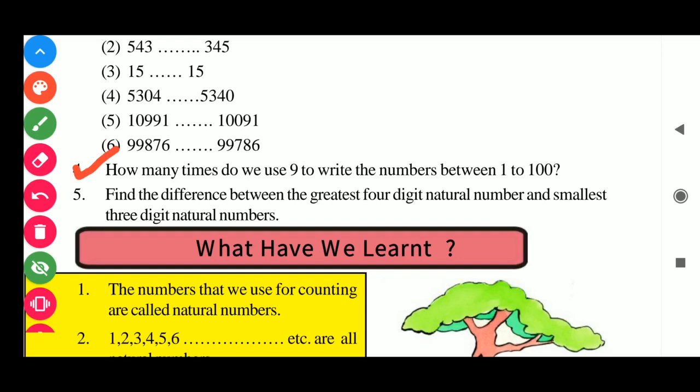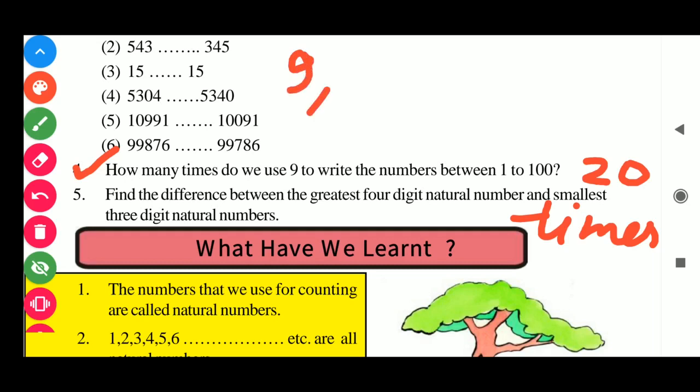It is 20 times. The answer is 20 times. How can we write? So 1, 2, 3, 4, 5, 6, 7, 8, 9. In the first line, 9 will be there.